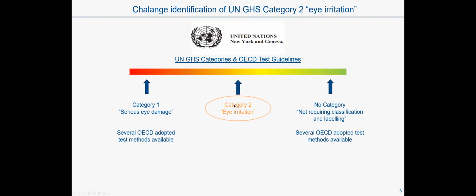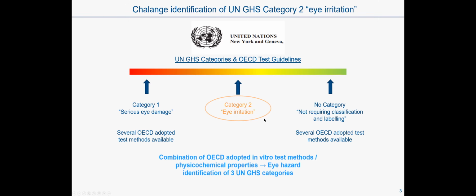So, as already mentioned by Joel, there are several single OECD adopted test methods available for the identification of UN GHS category 1 and for no category. But the problem was category 2. Now, by combining several OECD adopted in vitro test methods with or without physicochemical properties, we were able to identify the three UN GHS categories for eye hazard identification, which is now included in OECD TG467.